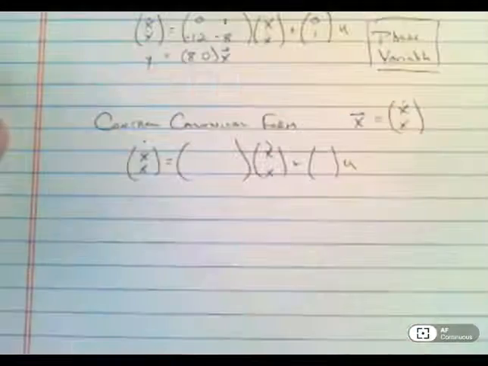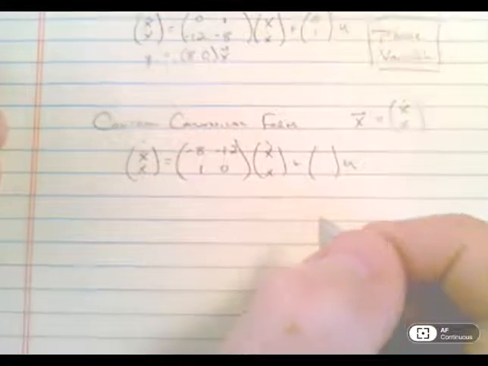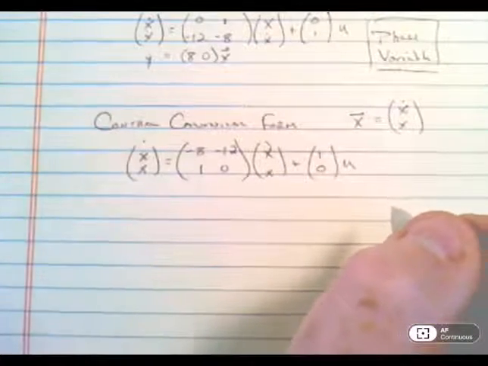x dot equals A x plus B u. And when we do this, what you'll find is we'll wind up with a minus 8 and a minus 12 on the top. The 1 and the 0 will be on the bottom, and we'll have 1 and 0 for a B vector.